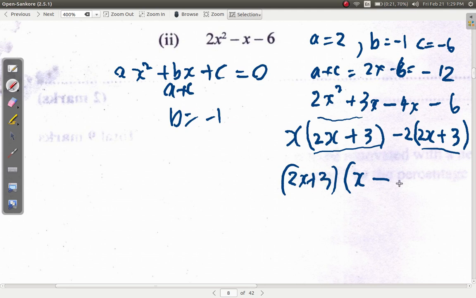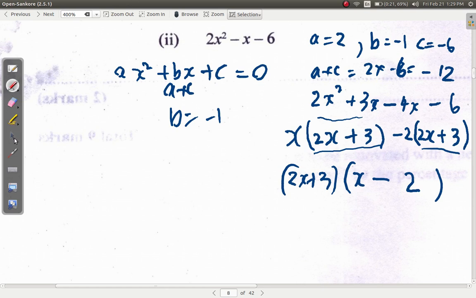Minus 2x plus 3 times this here will give you 2 by 2x plus 3. And it's 2. I already wrote down the minus sign. So this is fully factorized. Alright? 2x plus 3 times x minus 2.